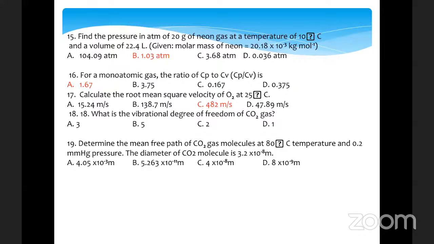The diameter of a CO2 molecule is 3.2 times. Now, what is the vibrational degree of freedom of CO2?